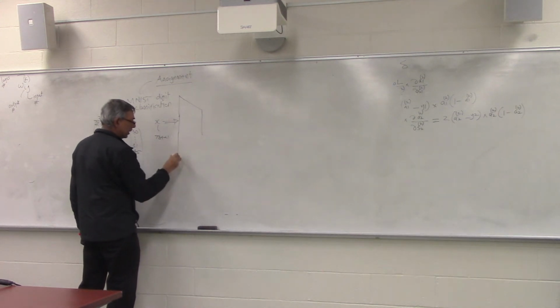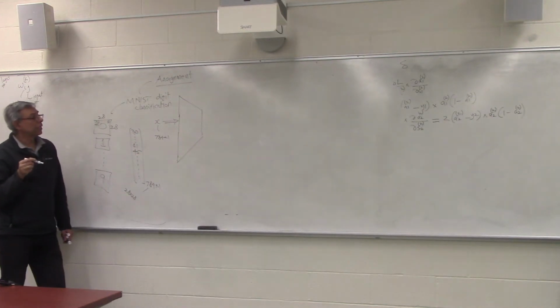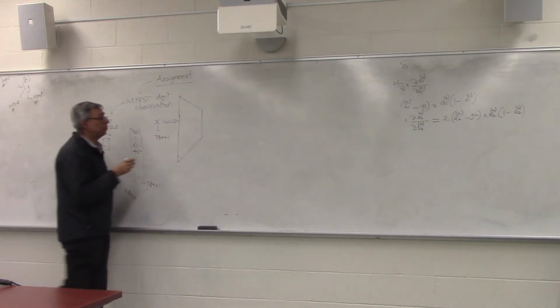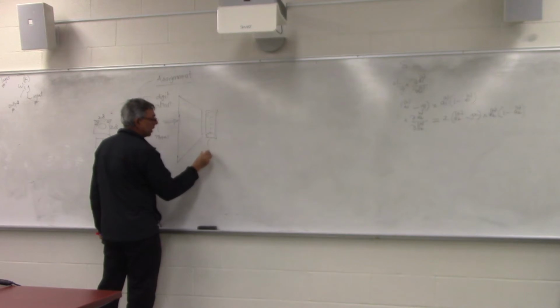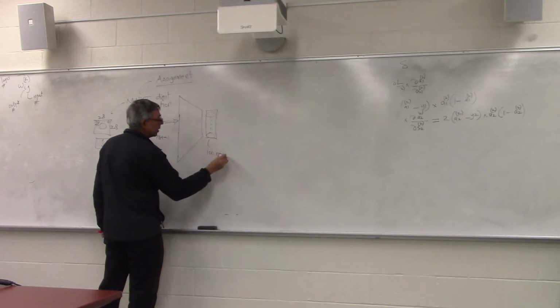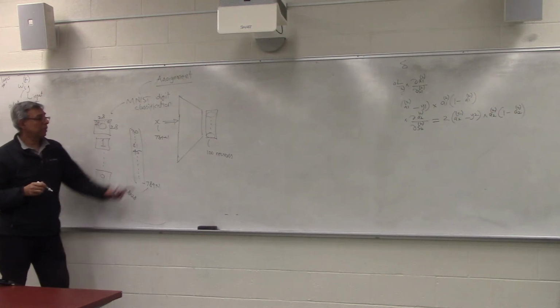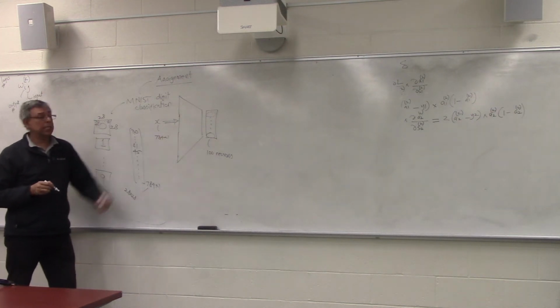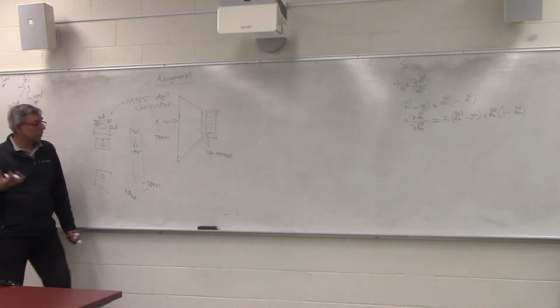So let's say we wanted to use 100 neurons in the hidden layer. Can you tell me what will be the size of this matrix then? 784 by 100.